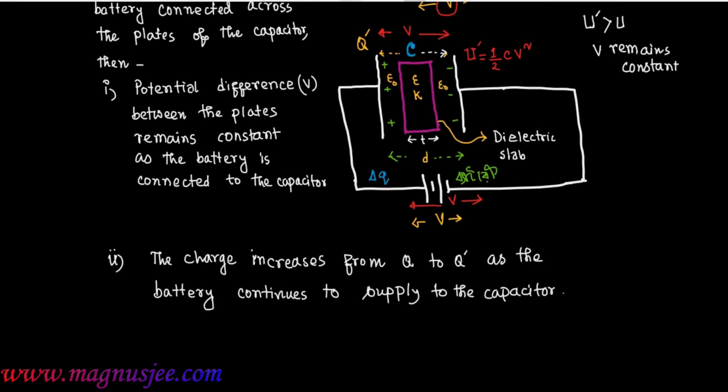Here delta Q is the amount of charge which will be supplied to the capacitor continuously by the battery. The potential difference remains constant, but the charge increases from Q to Q prime as the battery continues to supply charge.